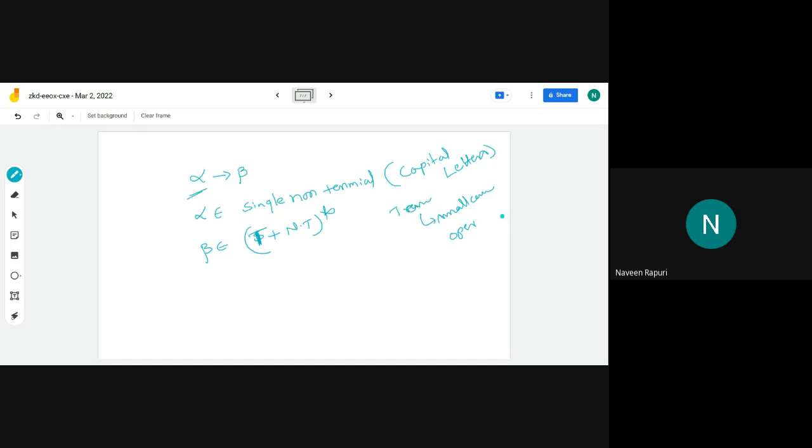So the grammar is in the format of alpha derives beta, where alpha belongs to a single non-terminal, that means non-terminals are represented by using capital letters. That's why we can say that on the left hand side of the context-free grammar, we are having only a single non-terminal.